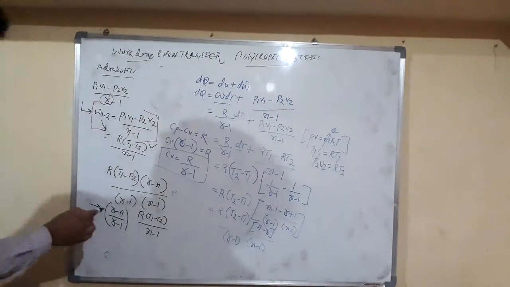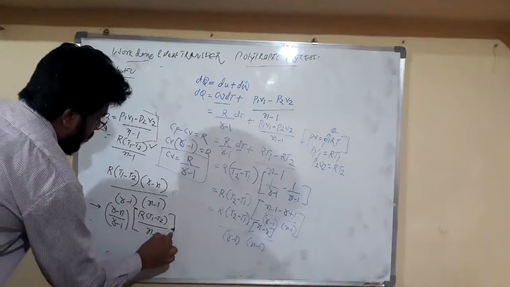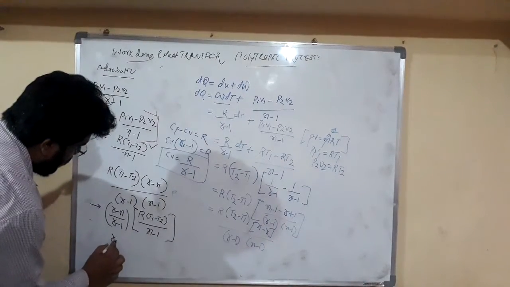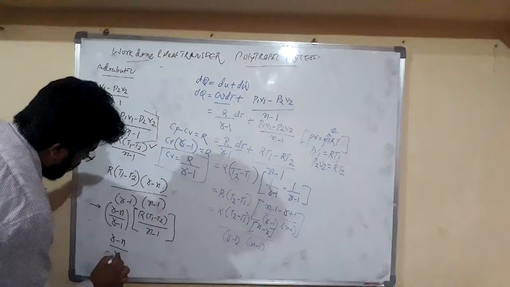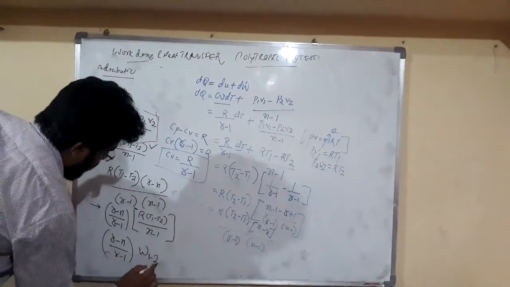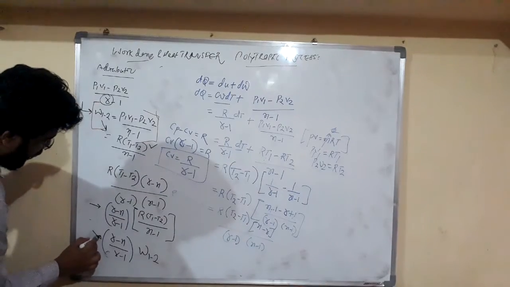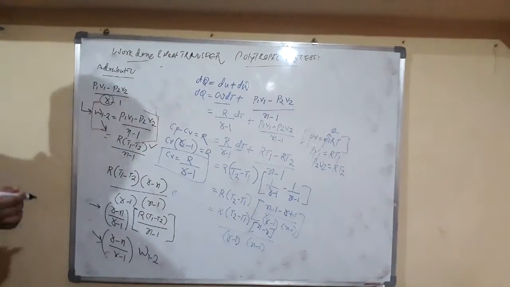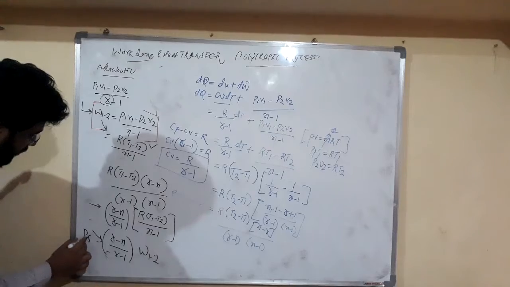So friends, this equation is the work done from 1 to 2 in case of our polytropic process. And friends, this (gamma minus n) upon (gamma minus 1) is the polytropic fraction.